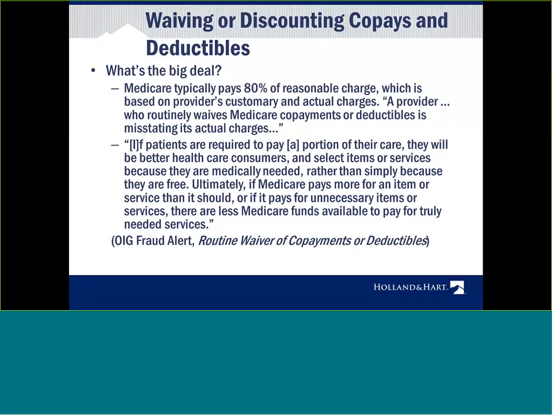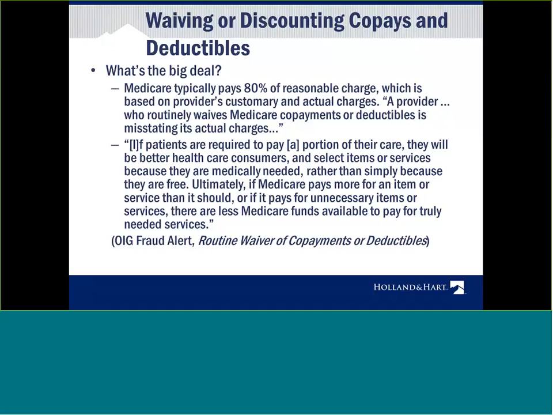So that's one concern. The other is the thought that if patients are paying a portion of their care, they will take a more mindful approach to what they're receiving and how those services are delivered, and also just trying to ensure that the federal health care programs are not paying more than they should for healthcare services delivered.